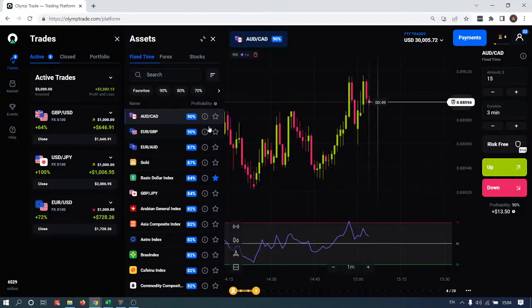Maybe change the period of the indicator, or change the time frame or duration. These are the first things I would want to do when trying to apply this trading strategy.